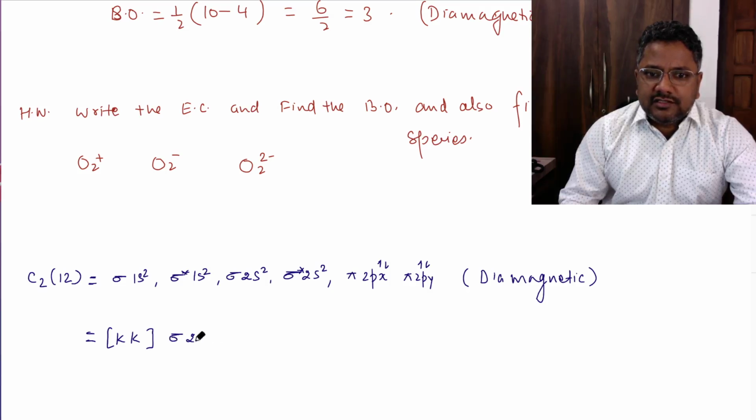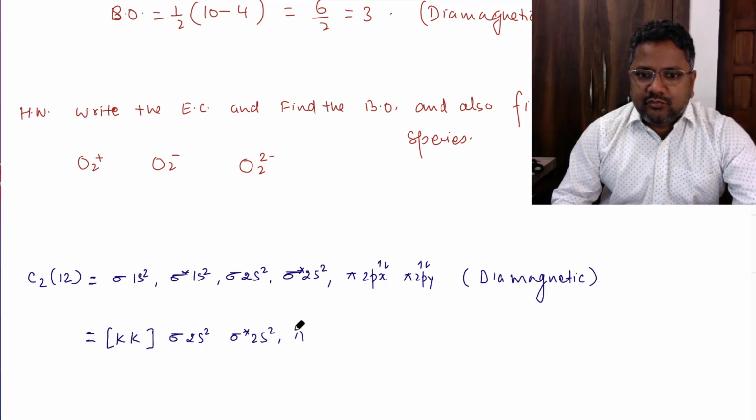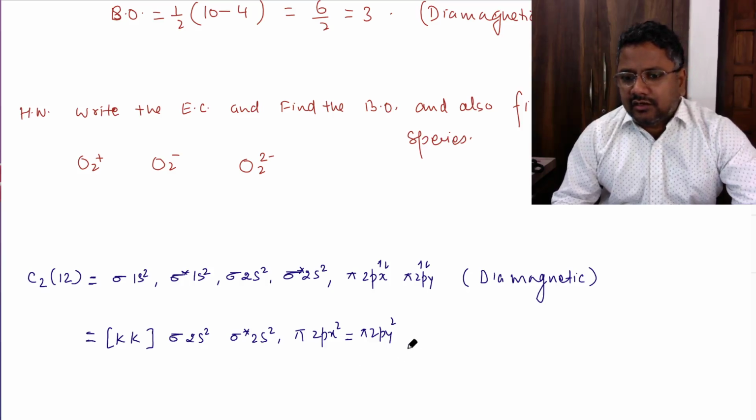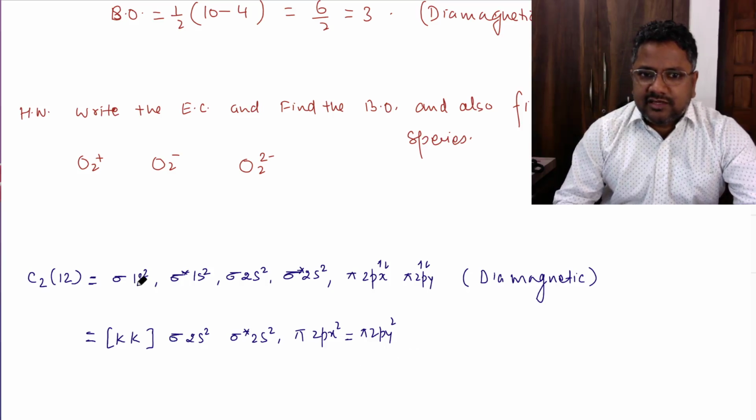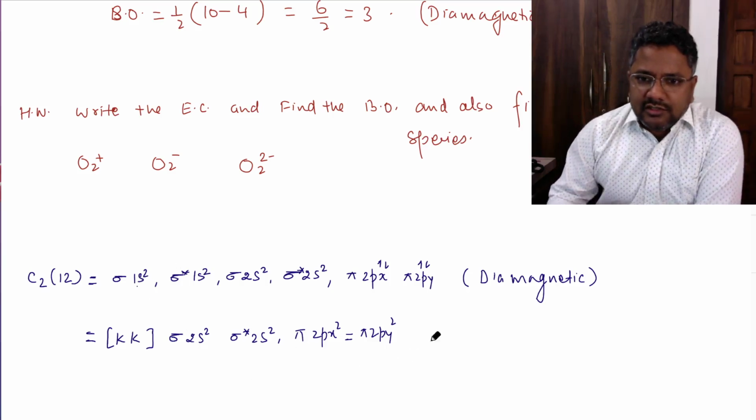Sigma 2s2, sigma star 2s2, and pi 2px2 and pi 2py2. And from this configuration only you can calculate the bond order. You will get the same result, because this plus, this minus, so you can ignore.